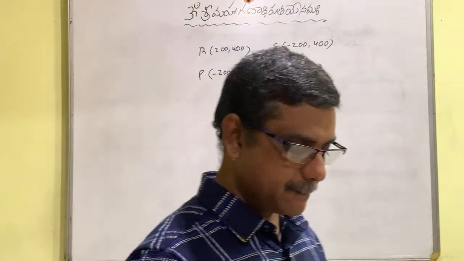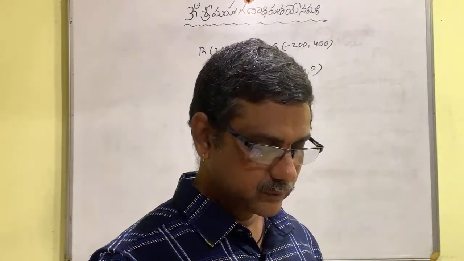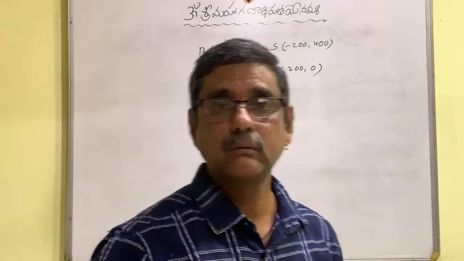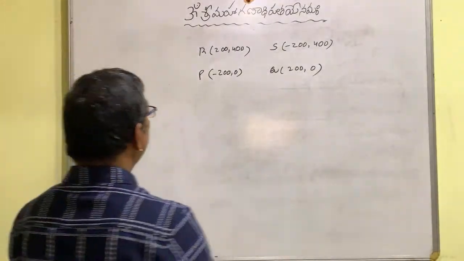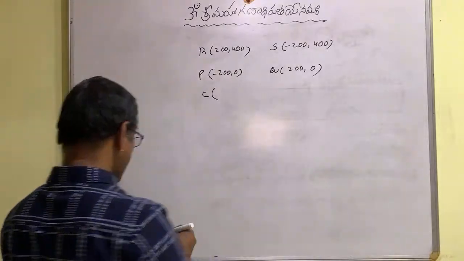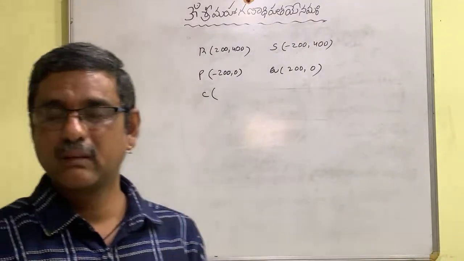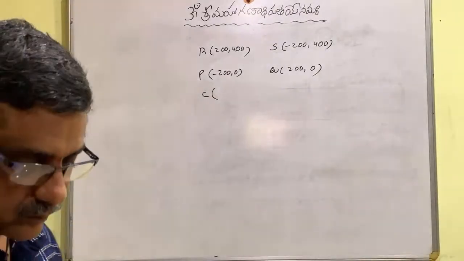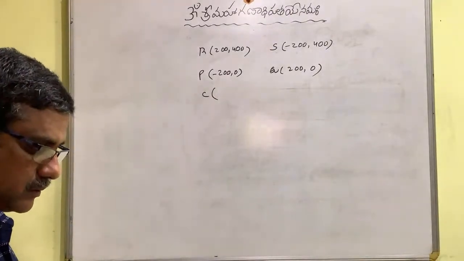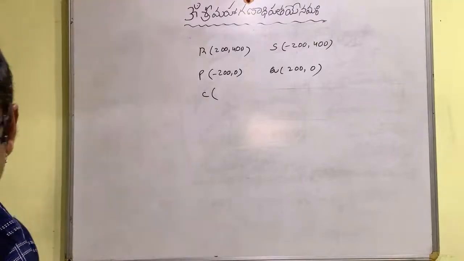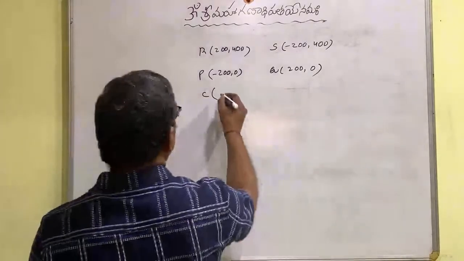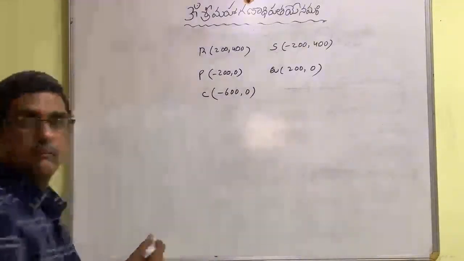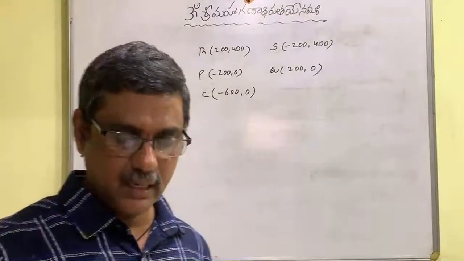Coordinates of C. Can anyone say the coordinates of C? Good. Negative 600 comma 0.